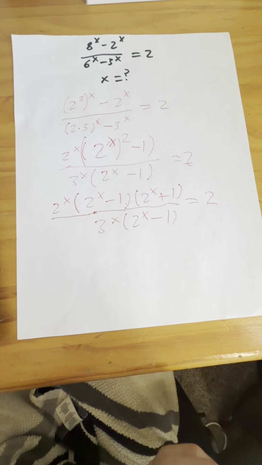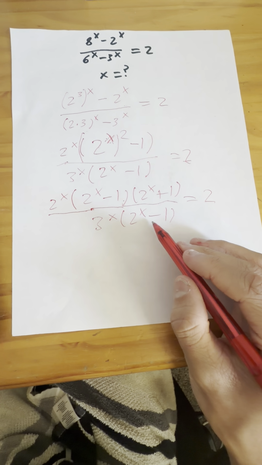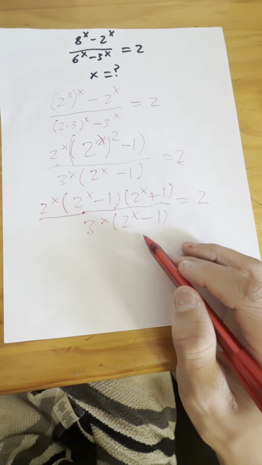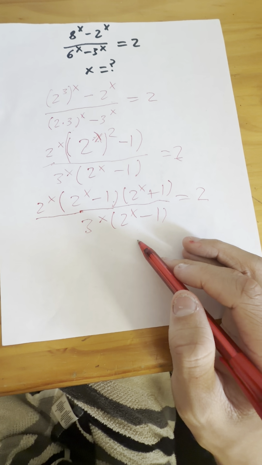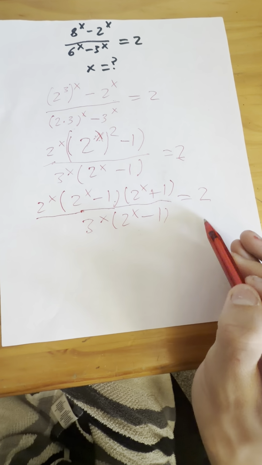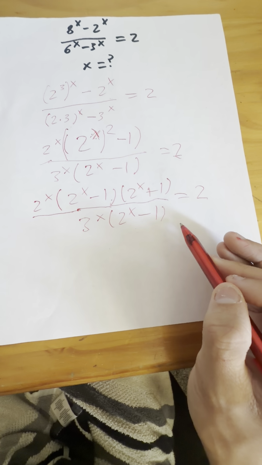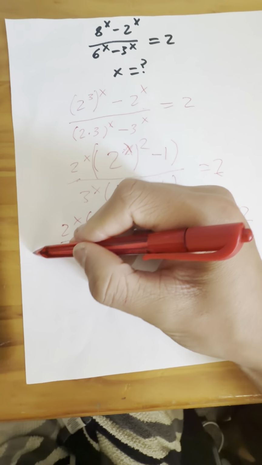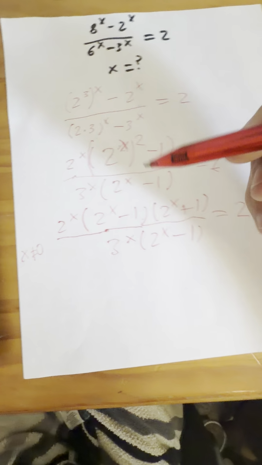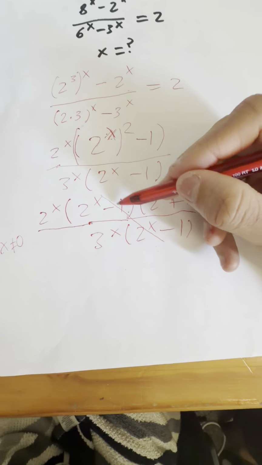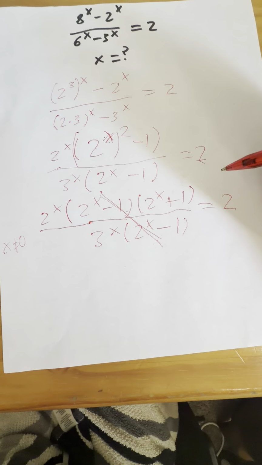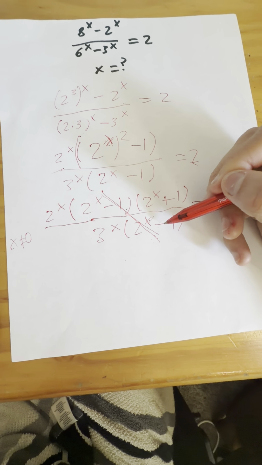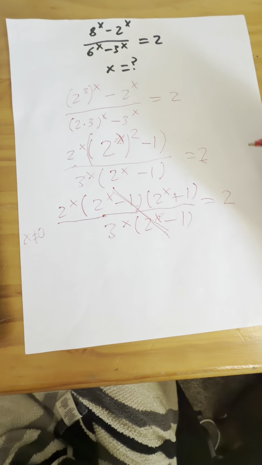And we could cancel out the 2 to the power x minus 1 from both the top and bottom, providing that this can't equal 0. So x can't equal 0, that's for future reference, since this equaling 0 would mean x is equaling 0, and we can't divide by 0.